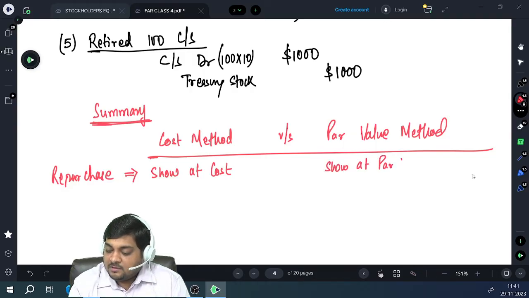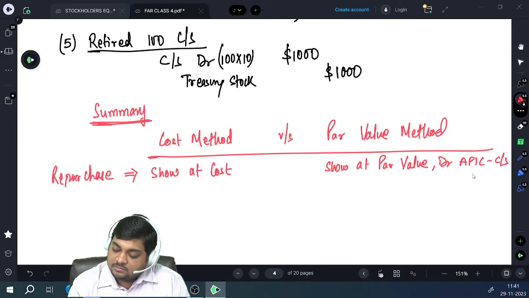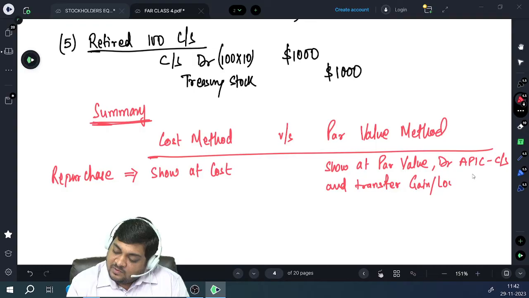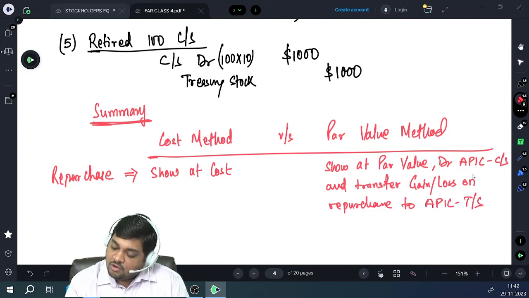Show at par value. Debit additional paid in capital, common stock, and transfer gain or loss on repurchase to additional paid in capital treasury stock.